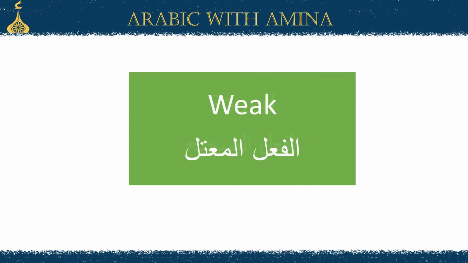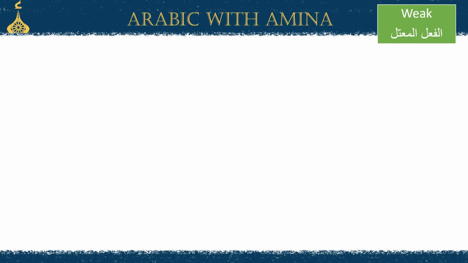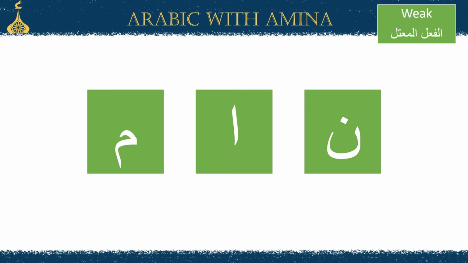Whereas, on the other hand, weak verbs, or al-fi'l al-mu'tal, is the complete opposite. Its root contains at least 1 weak letter. Let's take the verb nam, to sleep. The letters of this verb base is nun, alif, mim.